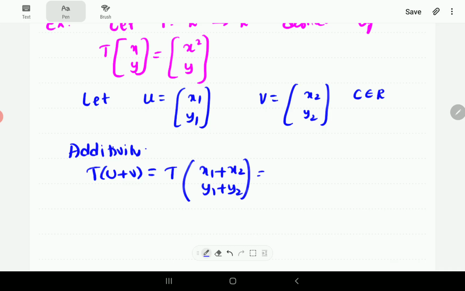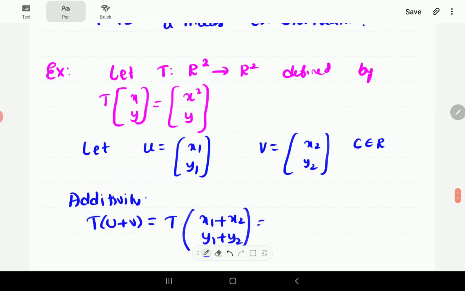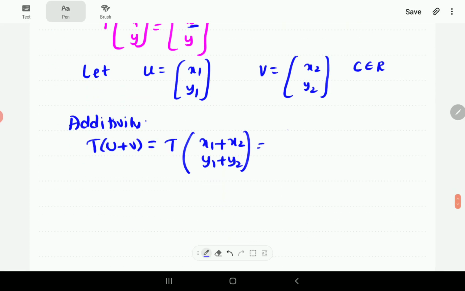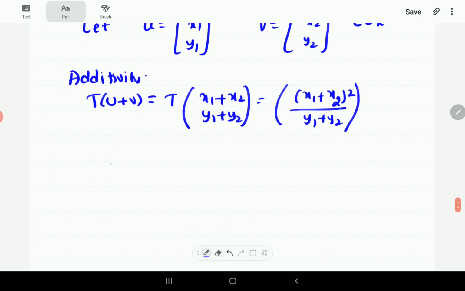It is defined as x square y, so here this is (x1 plus x2) square upon y, that is y1 plus y2. Now this is our LHS.